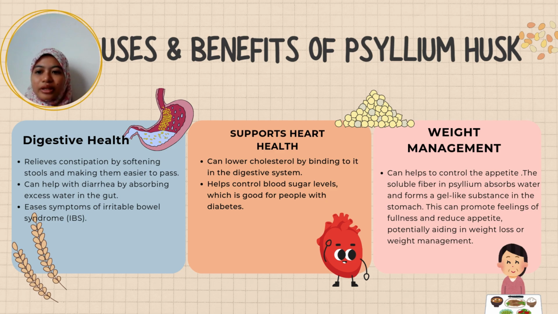This can promote a feeling of fullness and reduce appetite, potentially aiding in weight loss or weight management. As it expands in the stomach, Psyllium can help you keep feeling full longer, which may reduce overall calorie intake, so our body can manage our weight.